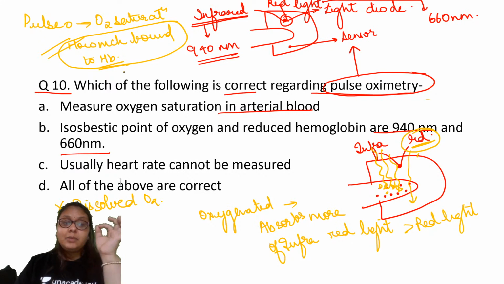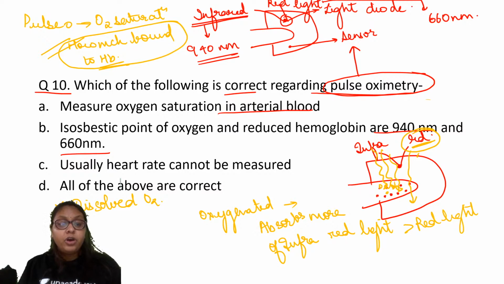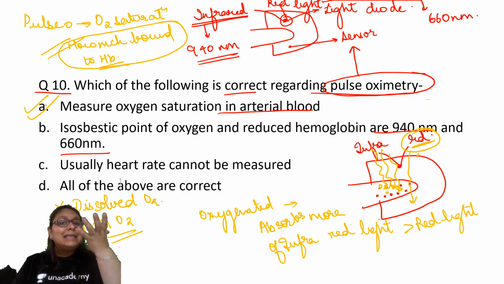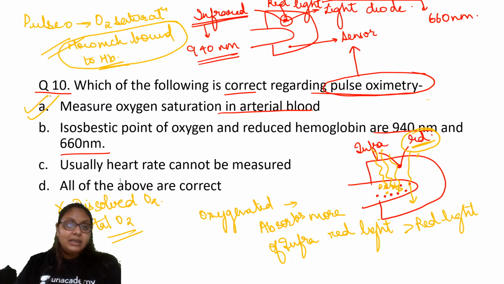It does not tell us about the dissolved oxygen and therefore it does not tell us about the total oxygen content in the blood. So our option was measures oxygen saturation in arterial blood. Yes, because it is able to differentiate between the arterial and the venous blood.